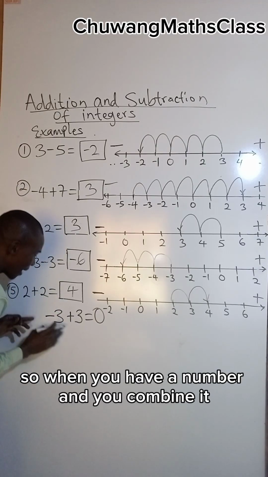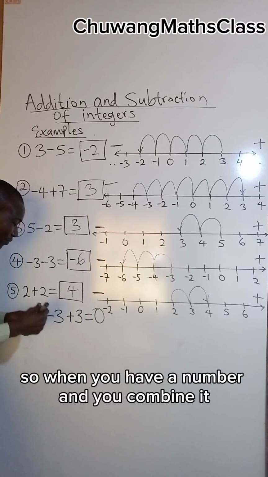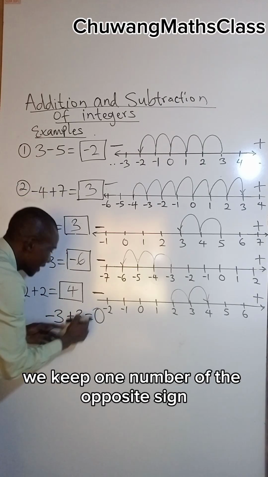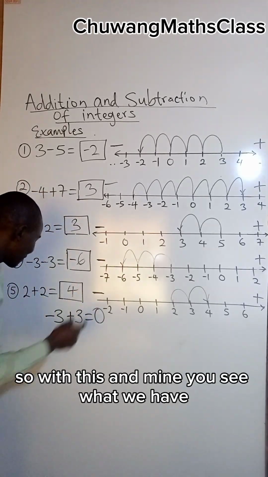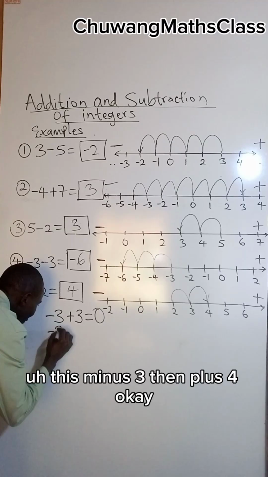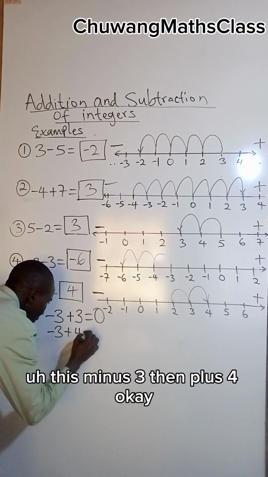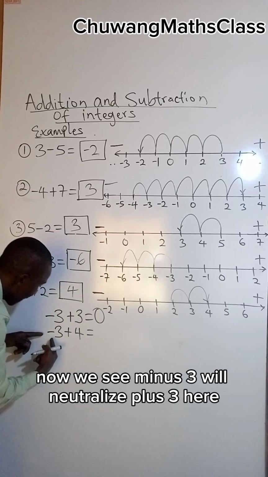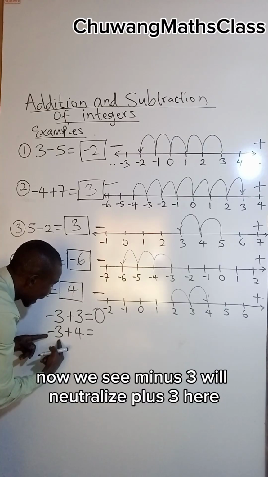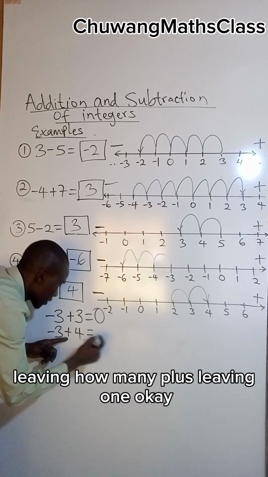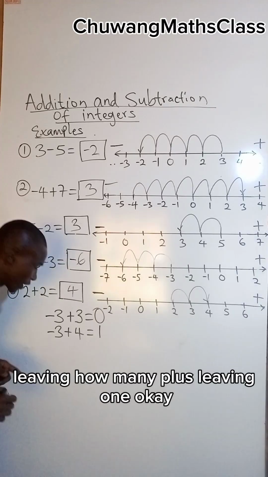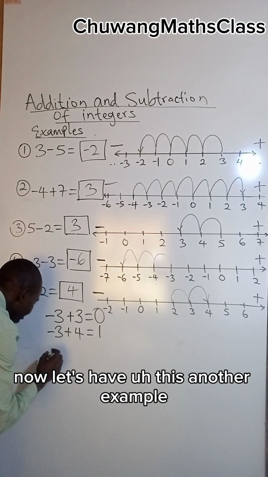So when you have a number and you combine it with an equal number of the opposite sign, it is going to neutralize it. With this in mind, let's say we have -3, then plus 4. We say -3 will neutralize plus 3 here, leaving how many plus? Leaving 1.